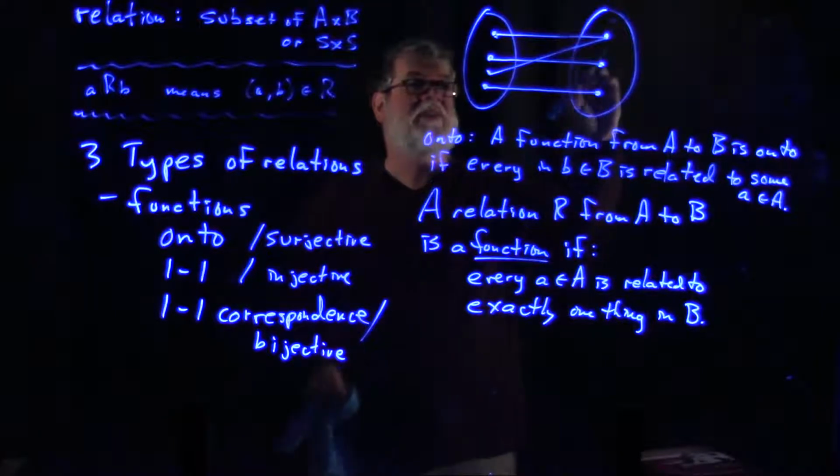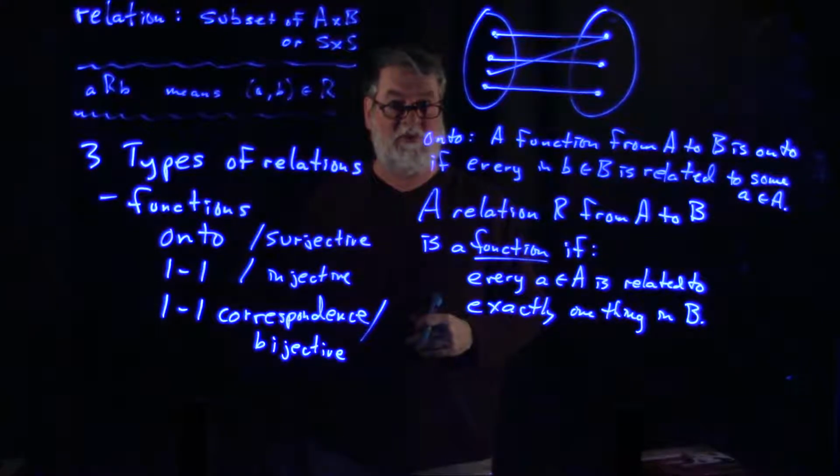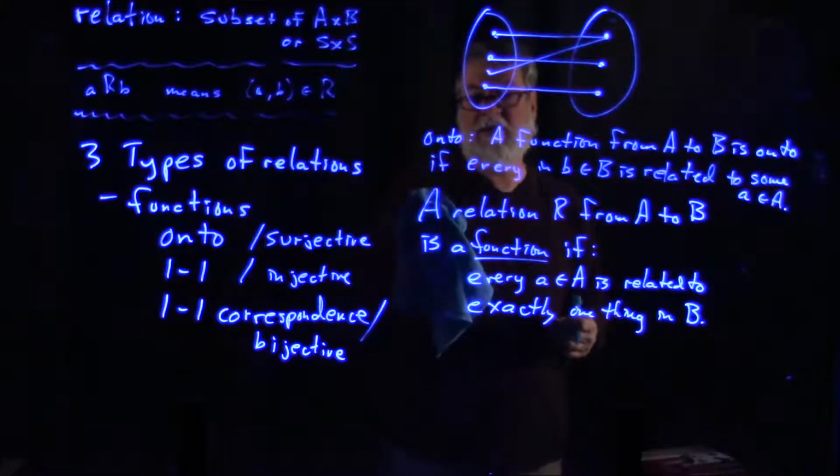One-to-one means that everything on the right-hand side has at most one thing related to it.